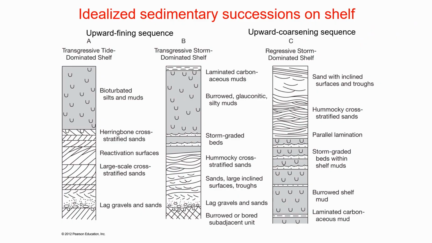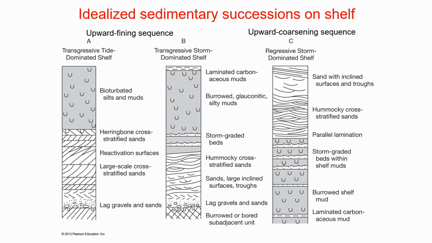This figure shows the idealized sedimentary succession of the continental shelf. So in scenario A and B, it is a transgressive condition, which means the sea level is rising and the seawater depth is getting deeper and deeper, and the depositional energy is decreasing.